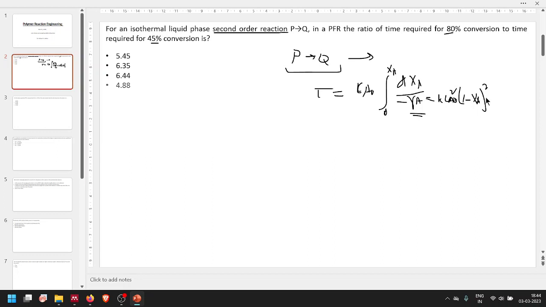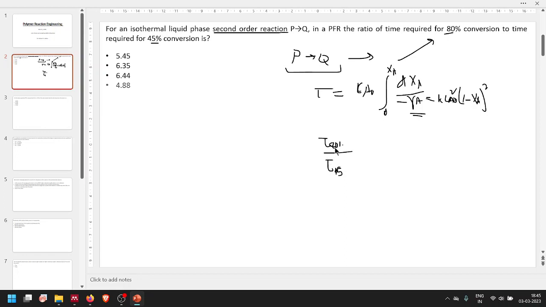So this expression will be integrated with respect to the conversion term going from 0 to xa, and the value of xa will be integrated for 80% and 45%. So with respect to that, we will have two times, one at 80% conversion and another at 45% conversion.